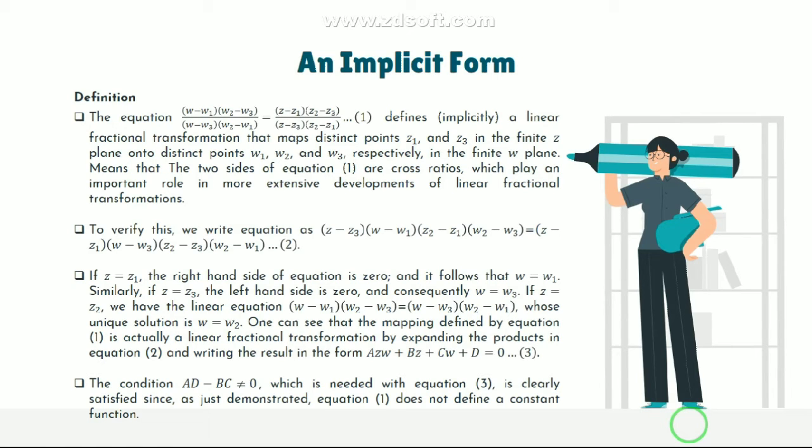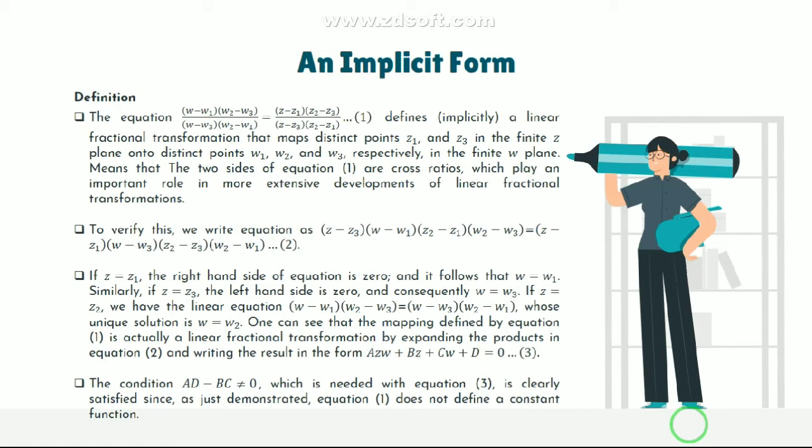If z equals z2, we have the linear equation (w - w1)(w2 - w3) equals (w - w3)(w2 - w1), whose unique solution is w equals w2.